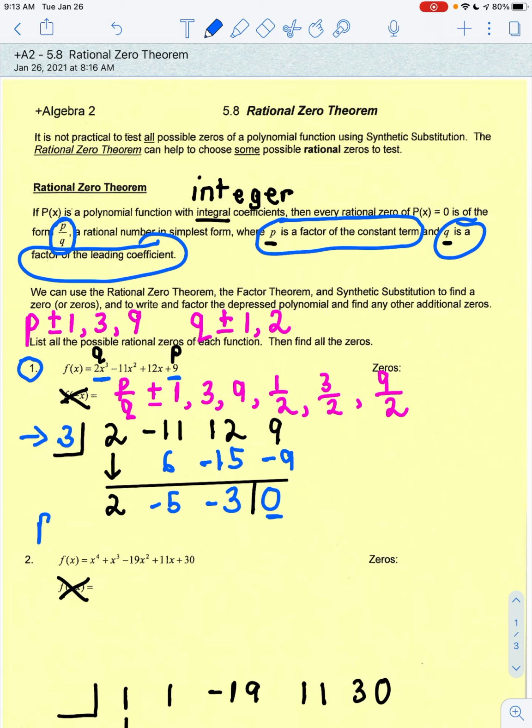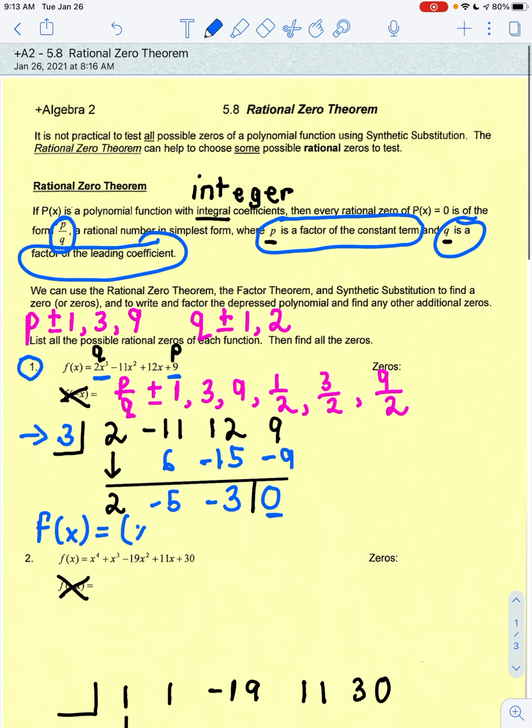What that means is f of x at this point factors into, since 3 worked, that's the zero, the factor would be x minus 3, and then the coefficients in my depressed polynomial, which is just the polynomial that results from your synthetic division, would be 1 degree less, so that's going to be 2x squared minus 5x minus 3.